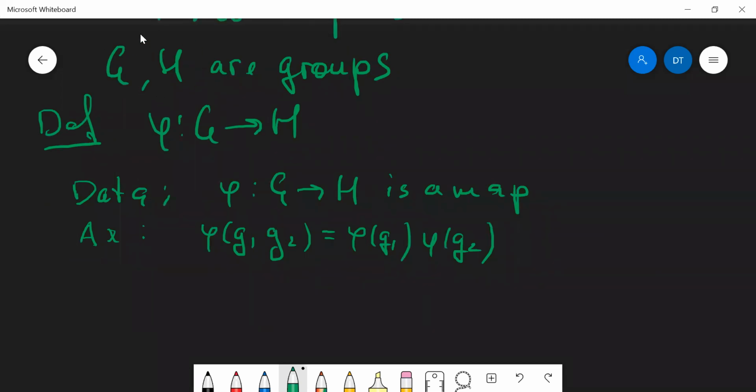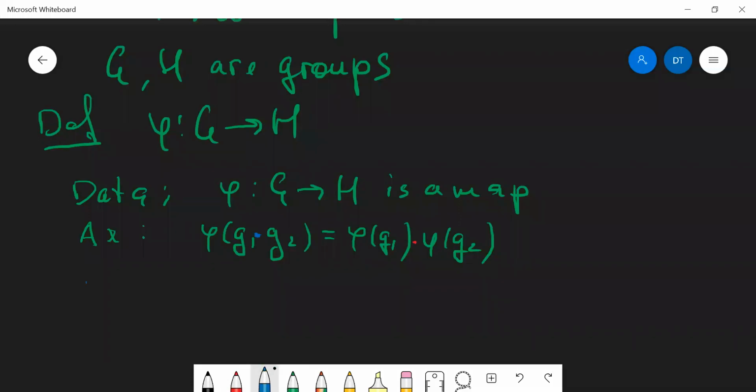If we are given 2 groups, G and H, and a map from the set G to the set H such that it satisfies this property, then this map is called a homomorphism from the group G to the group H. Just in case, here we have 2 operations, one multiplication here and one multiplication here.